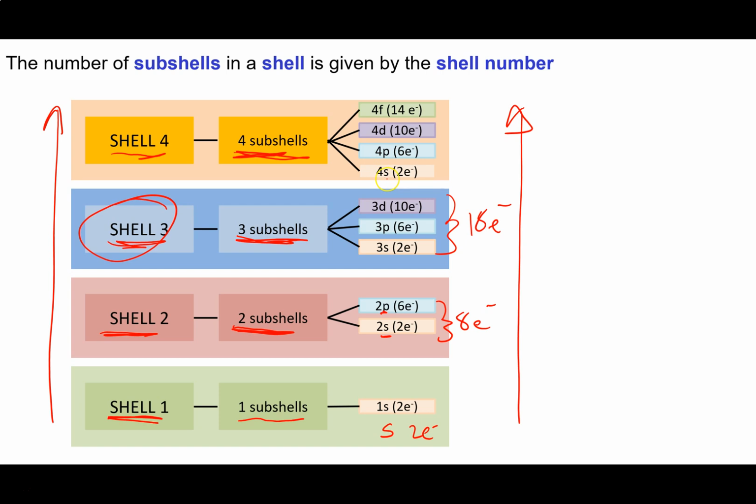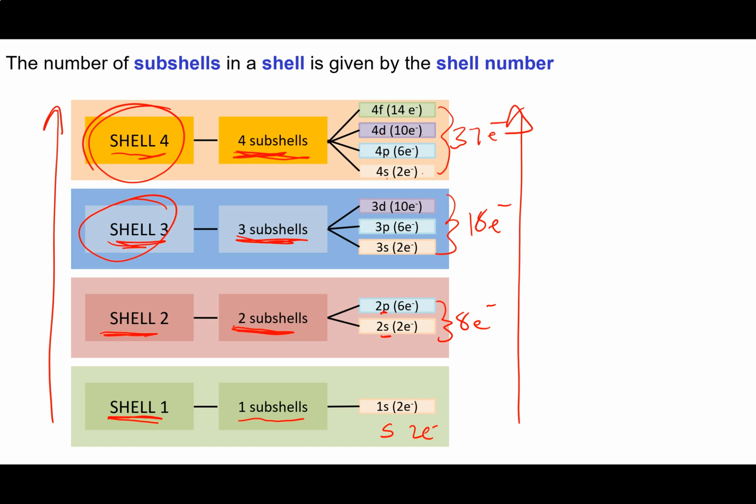So that means that we can have an s, a p, a d, and an f. An s can hold 2 electrons, a p can hold 6 electrons, a d can hold 10 electrons, and an f can hold 14 electrons. So adding all of that together, we've got 8, 18, plus another 10, that's 28, plus 4, we can put 32 electrons into shell number 4.